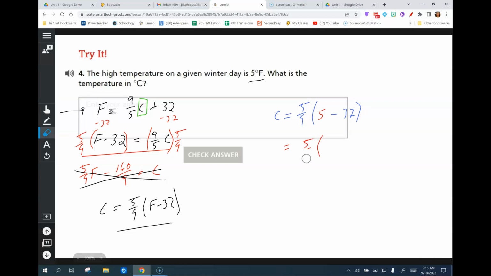We take 5 minus 32 and come up with negative 27. Now we can cancel out our 9s or just use your calculator, but I'm going to show you again. If I divide through by 9, I get a -3, so I get -15. So the Celsius temperature is -15 degrees.